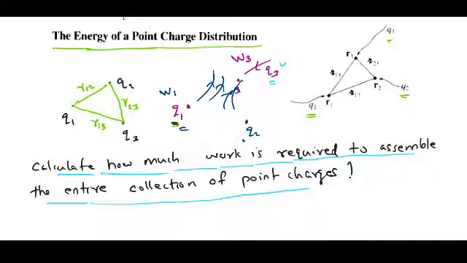Against that repulsive force, we have to apply some external force and bring the charge Q3 to the point 3. That is, the charges Q1 and Q2 produce some repulsive electric potential at the point 3.